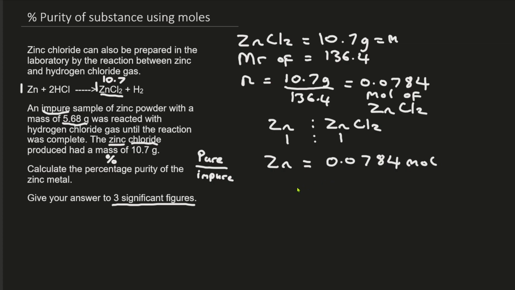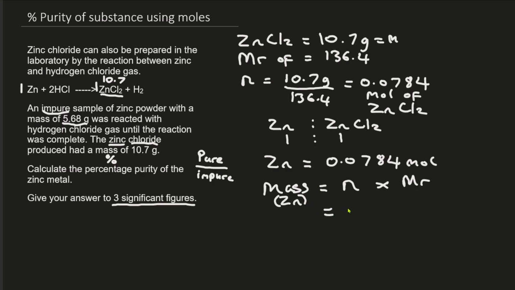The last thing you do is you work out the mass of zinc. So the mass of zinc is, as you know, the number of moles multiplied by the molecular mass. And we want to find the mass of zinc, so don't get this one wrong. It's not zinc chloride this time. And the Mr of zinc is just 65.4. So we can do that.